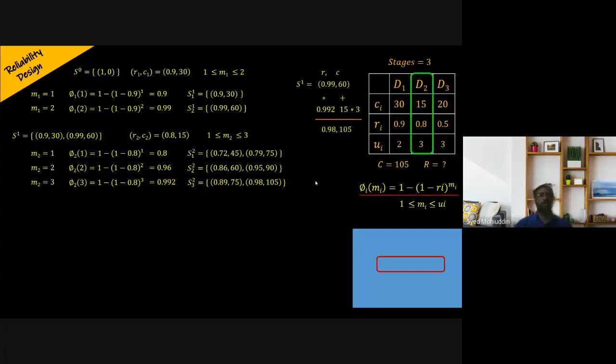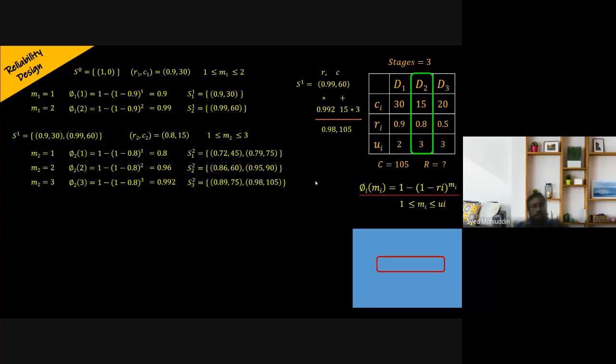So we are done calculating the reliability, taking 3 devices of D2 at the second stage.